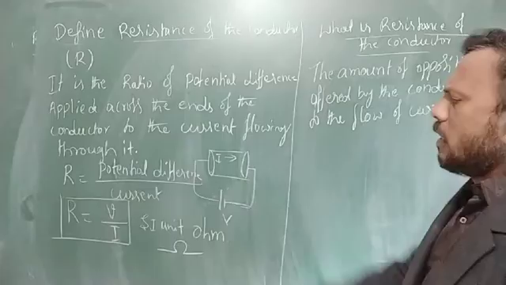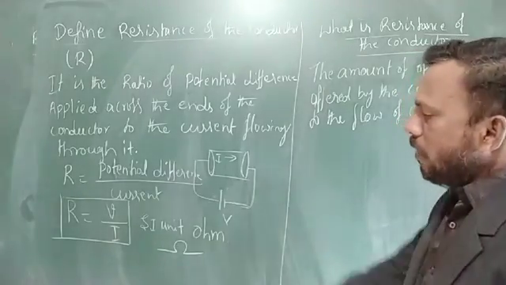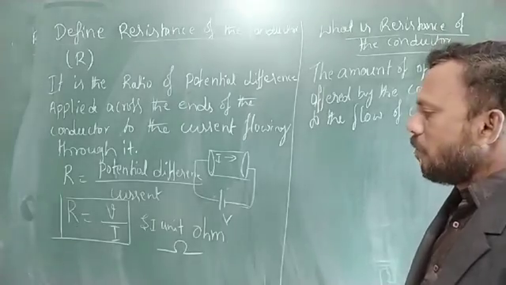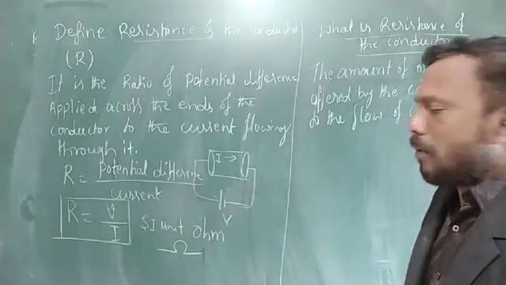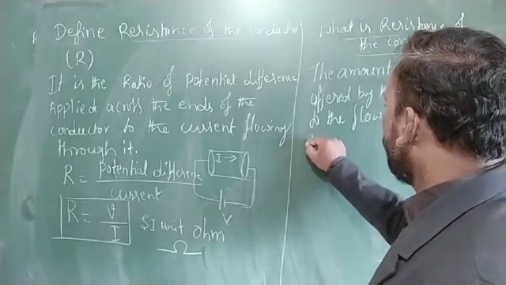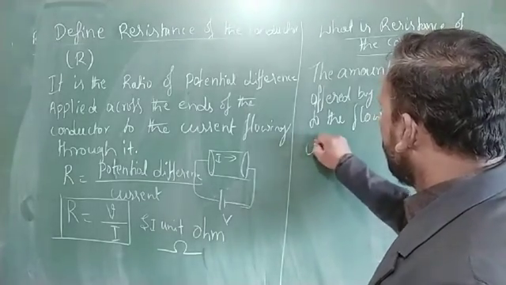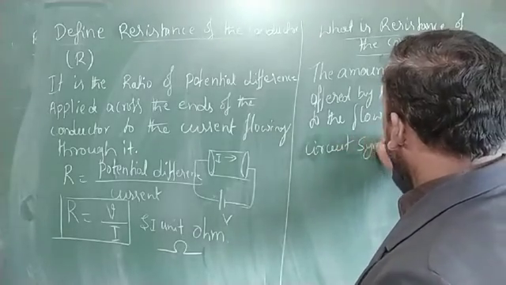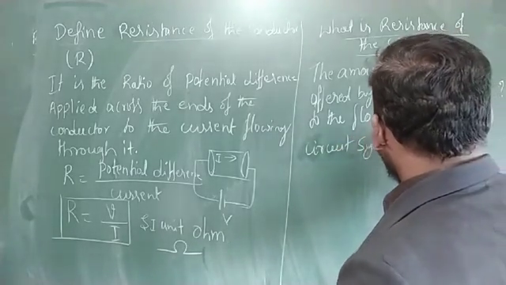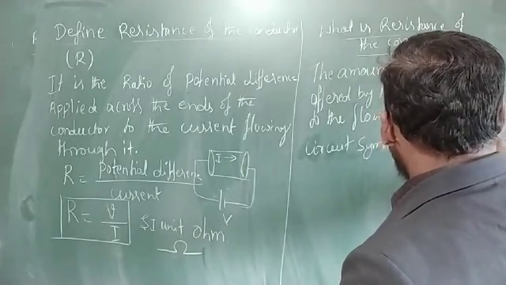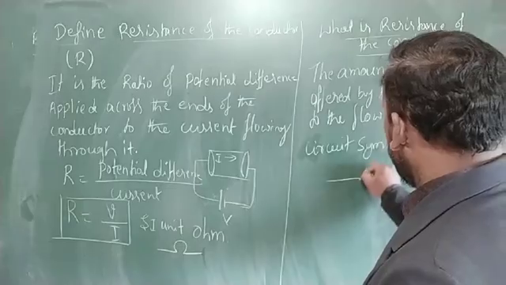It is defined as R is equal to V divided by I, where the SI unit of resistance is ohm. And the circuit symbol for resistance is like this.